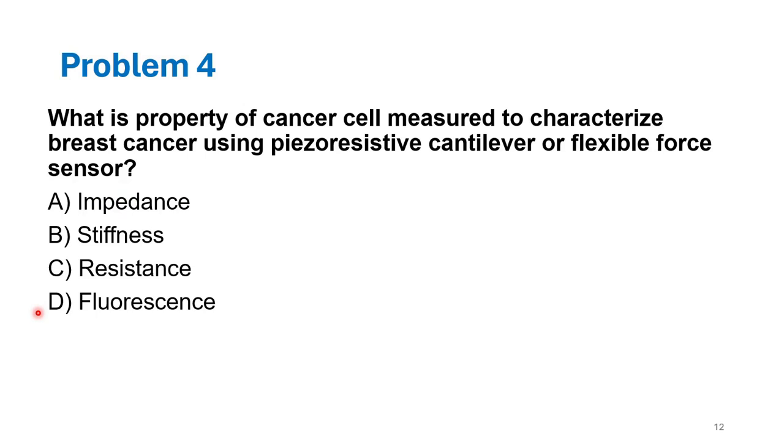Problem 4. What is the property of cancer cell measured to characterize breast cancer using piezoresistive cantilever or flexible force sensor? A. Impedance, B. Stiffness, C. Resistance, D. Fluorescence.